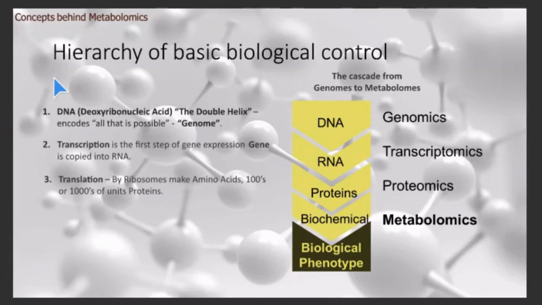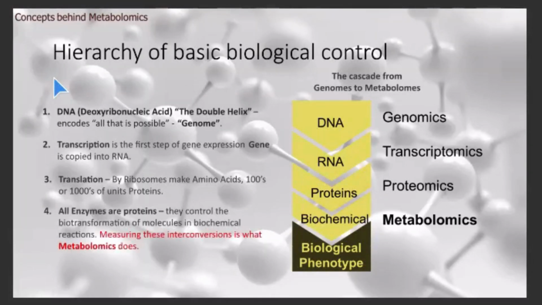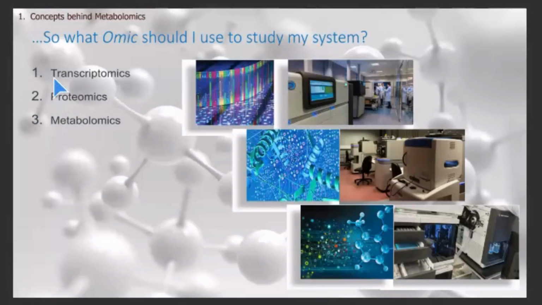The transcripts are then used to make amino acids, and there can be hundreds or thousands of amino acids in a particular protein. And all enzymes are proteins. So this cascade, if you like, controls the biochemical transformations that can occur in any given system at any time. And measuring these interconversions that these enzymes control is essentially what metabolomics is.